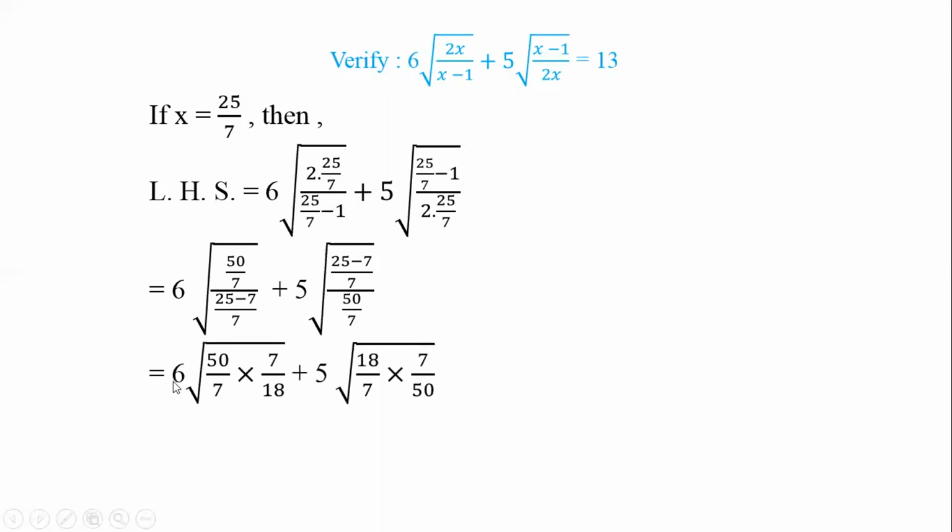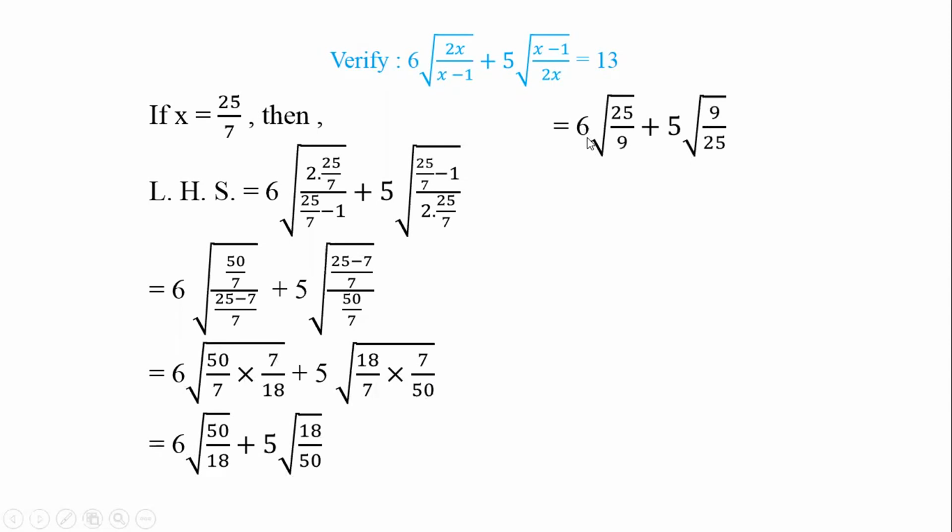After calculation, we get 6 root over (50 by 7 into 7 by 18) plus 5 root over (18 by 7 into 7 by 50). Then we get 6 root over 50 by 18 plus 5 root over 18 by 50. Then we get 6 root over 25 by 9 plus 5 root over 9 by 25.